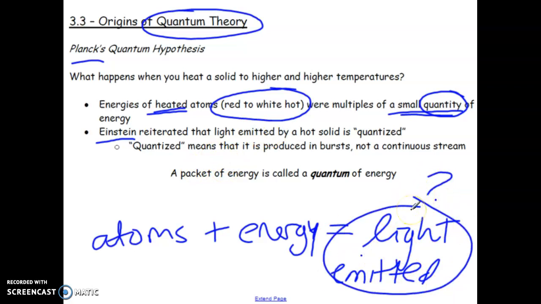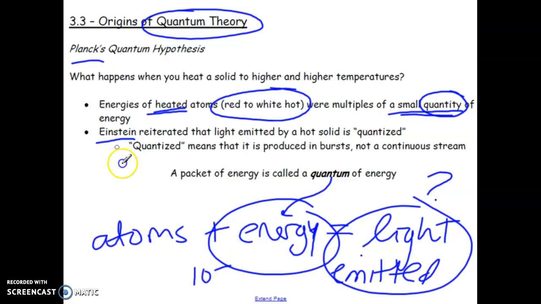What's happening there is this amount of energy is called a quantum of energy. The amount of energy that is absorbed by atoms has a specific value. Every atom can absorb a different amount of energy. Let's say, making up numbers, an atom of gold can absorb 10 joules, and an atom of silver can absorb 15 joules.